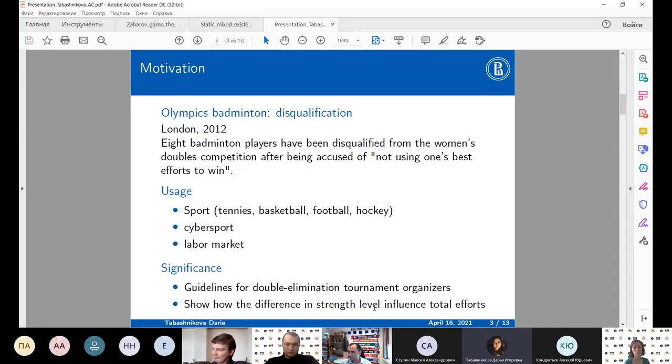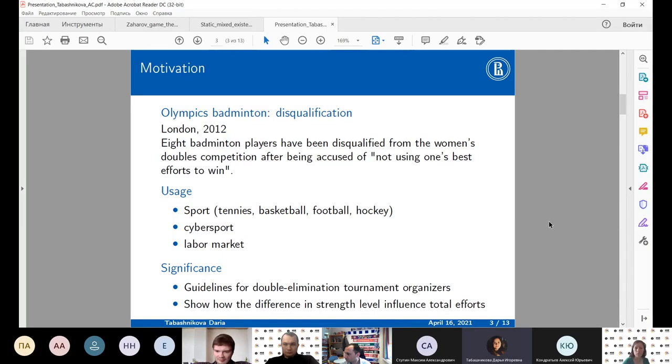Moreover, not only in sports, we can use such types of tournaments also in cyber sports and in the labor market. The main question is how we can avoid such a problem, when players put in zero effort to win in such tournaments.